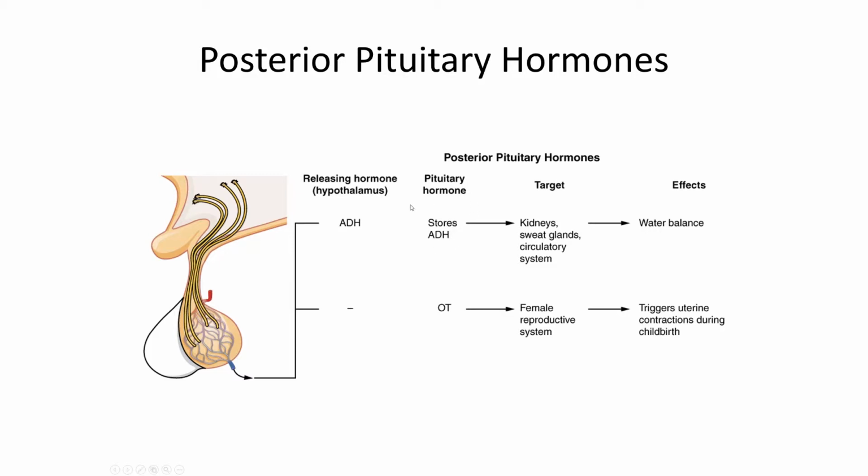The pituitary stores it, and then it targets the kidney, sweat glands, and circulatory system to help with water balance. Then you have oxytocin, again made by the hypothalamus and released by the posterior pituitary. It targets the female reproductive system, and one of its biggest functions is to control uterine contractions during childbirth.